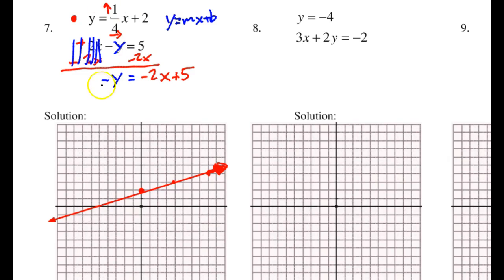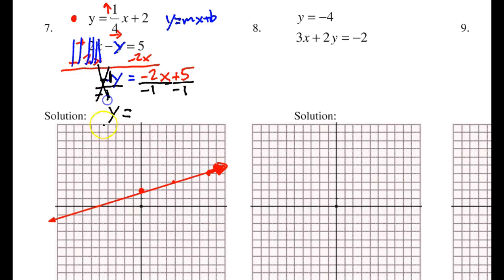And then lastly, let's get rid of that negative, which is the same as negative 1. So this is negative 1 times y, so undo the multiplication by dividing by negative 1. Divide by negative 1. So we have an answer of 1y, because negative over negative is positive.